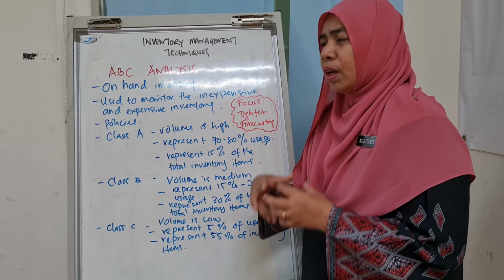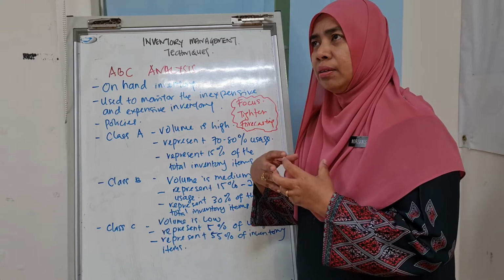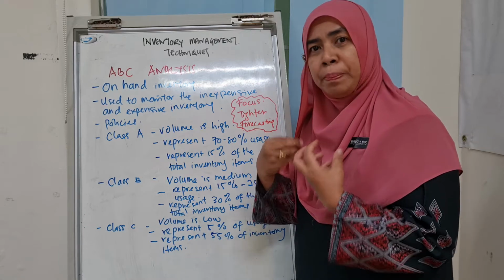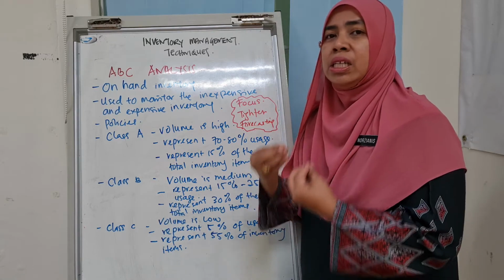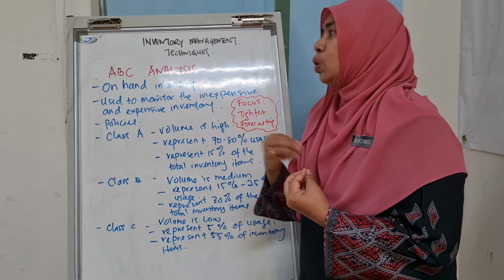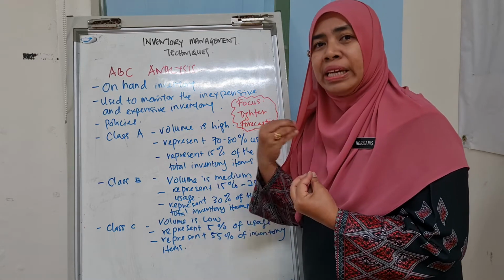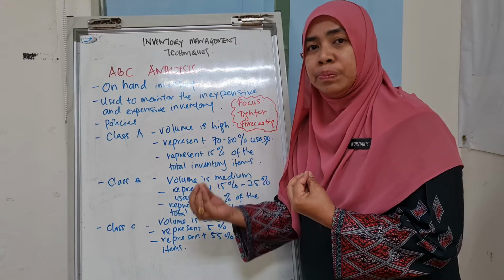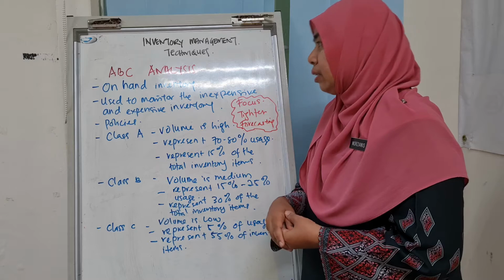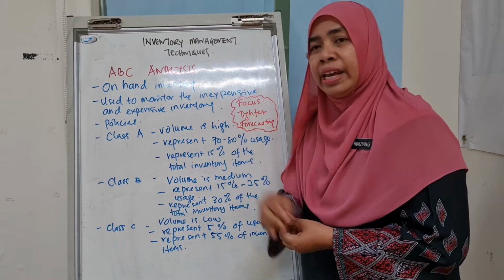So when we call it inventory, you have to remember inventory is a system in the warehouse, right? So in order to manage all the items in the warehouse, in the ABC technique it is on-hand inventory.